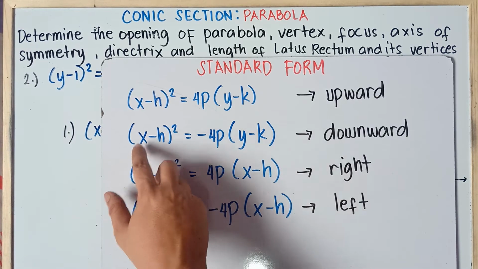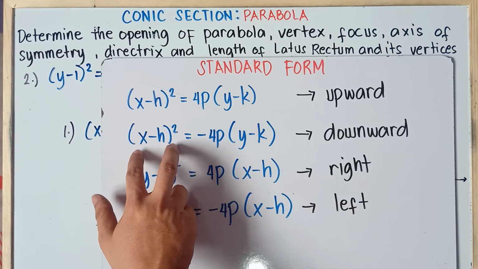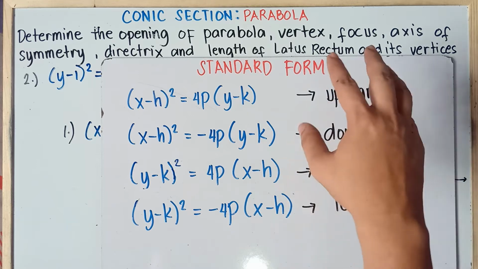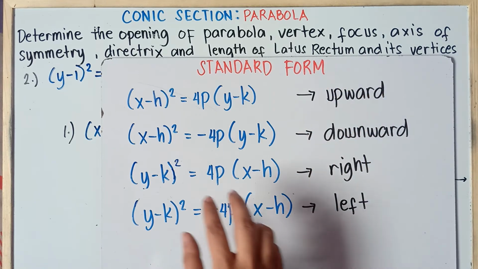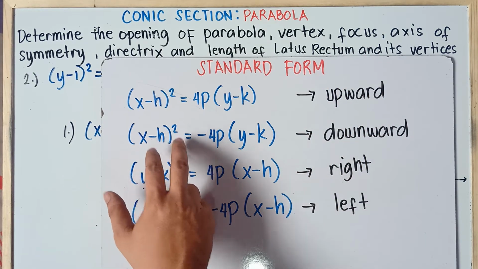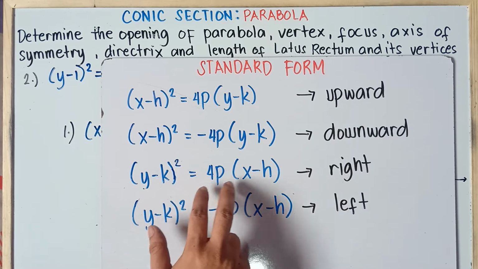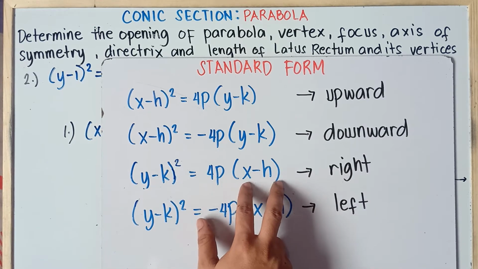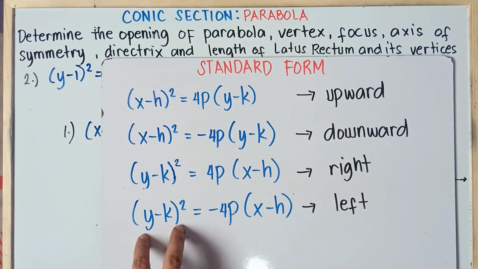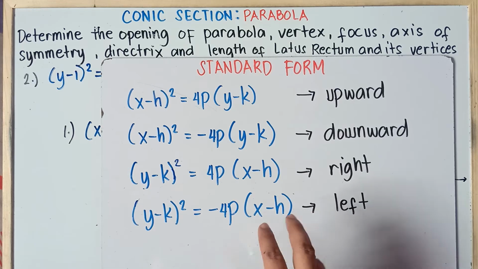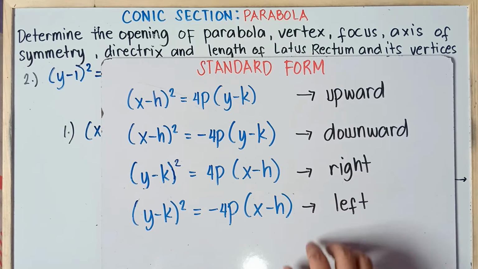If you have (x - h) squared, your parabola could open upward or downward. Now if you have (y - k)^2 = 4p(x - h), and also (y - k)^2 = -4p(x - h), your parabola opens right or left.